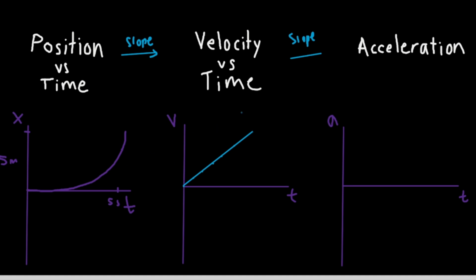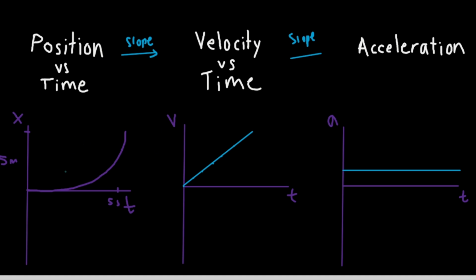So, now, to go from velocity to acceleration, we'd calculate the slope of this line. So we can do this by using the slope formula, and we'd get a positive acceleration. However, since the velocity versus time graph is a line, that means the acceleration versus time graph would be a flat line because the object is constantly accelerating.